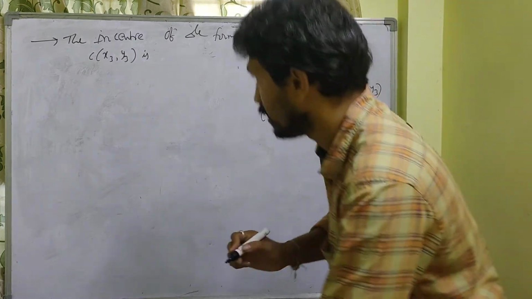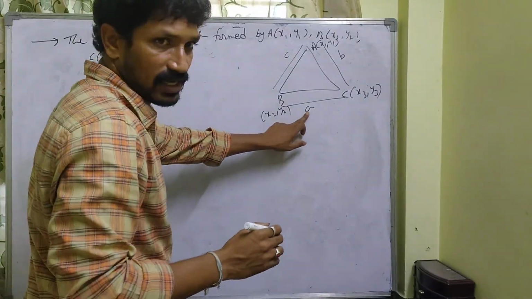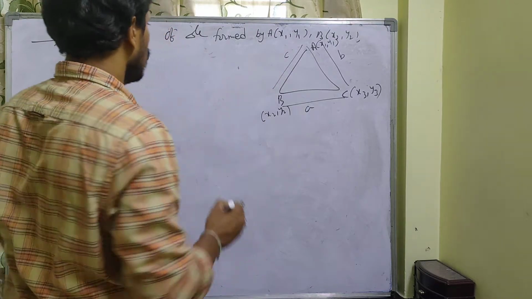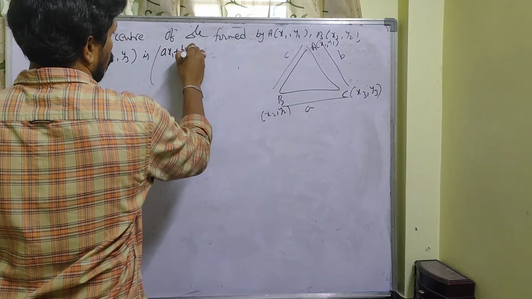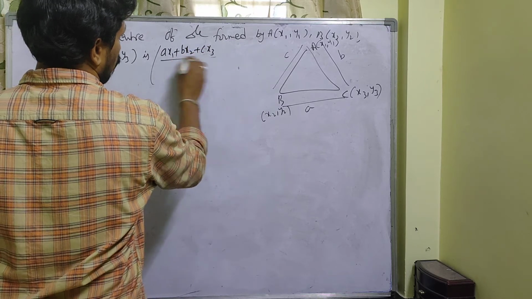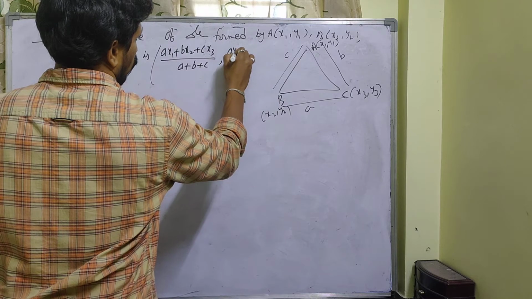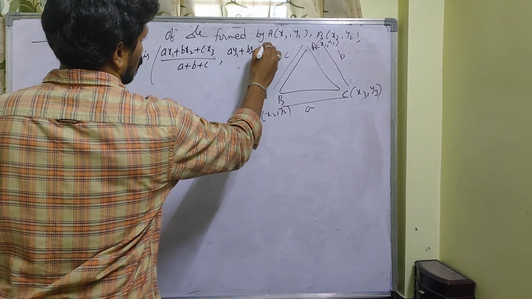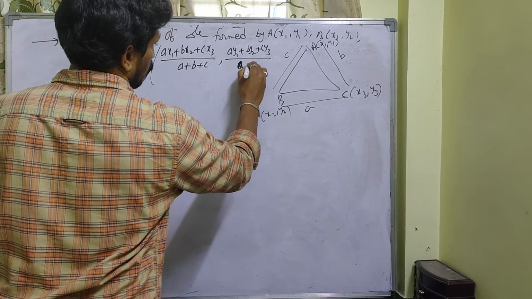After finding a, b, c, use this formula: a x1 plus b x2 plus c x3 by a plus b plus c, and a y1 plus b y2 plus c y3 by a plus b plus c.